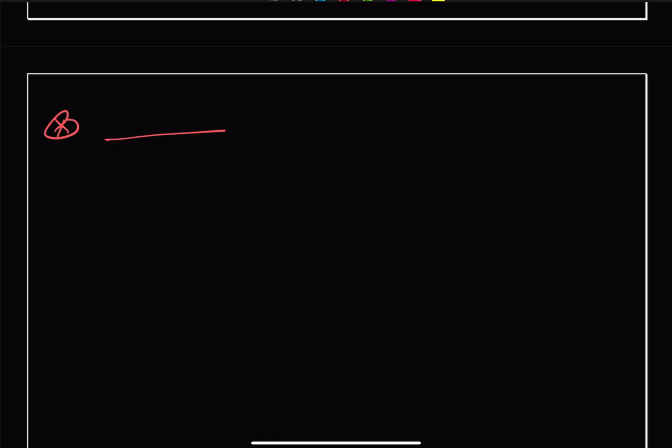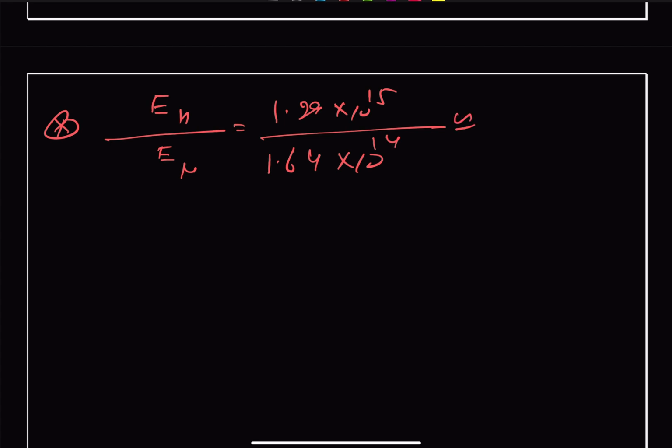And we are required to find out the ratio. So we get E_H by E_U is equal to 1.29 into 10 to the power 15 divided by 1.64 into 10 to the power 14, approximately equal to 7.87.